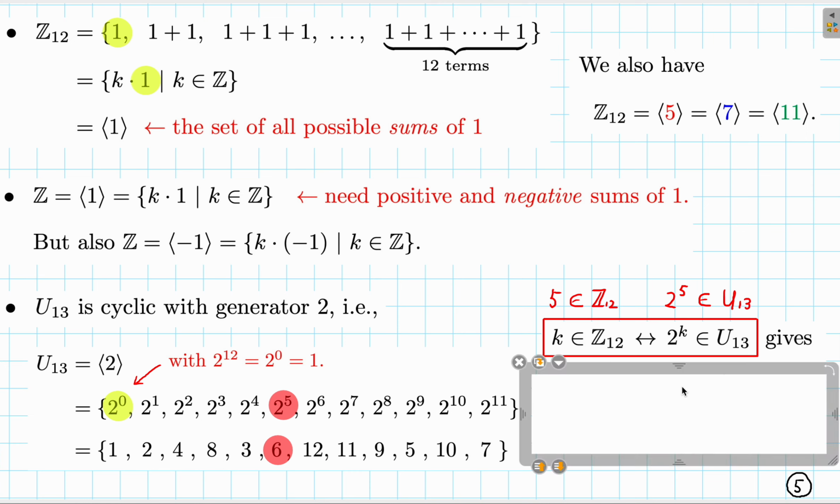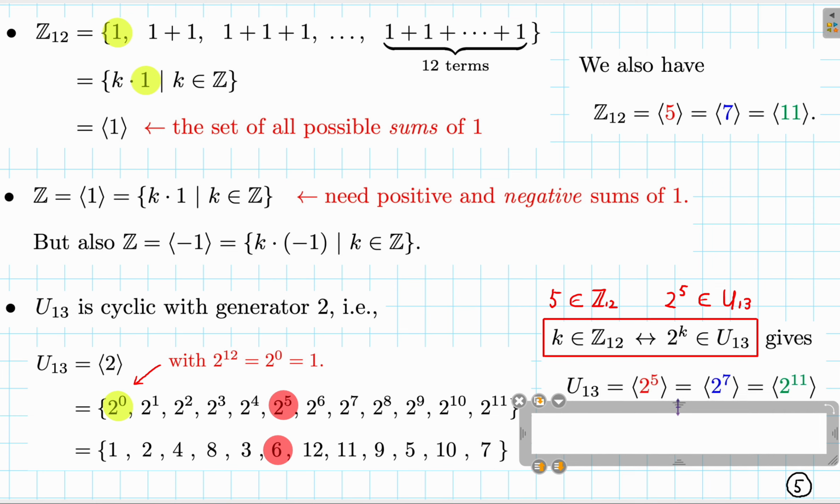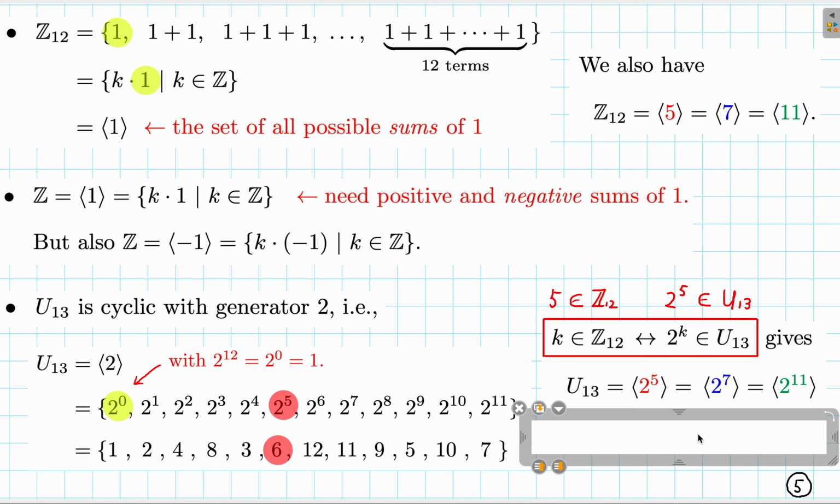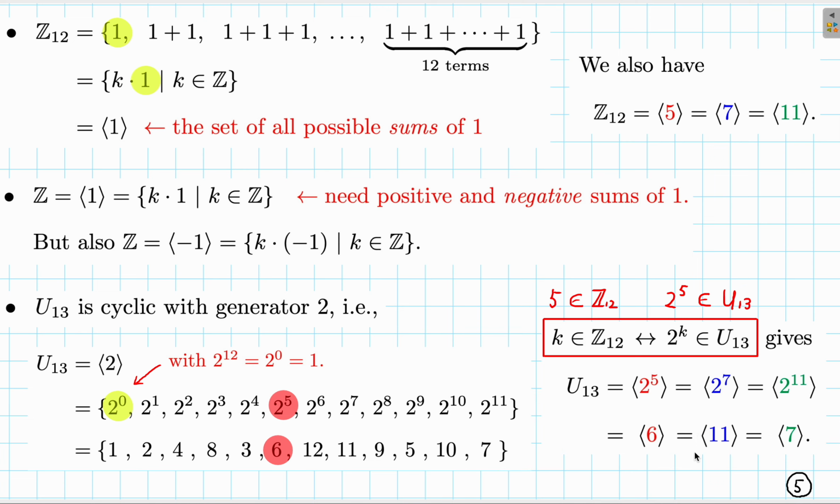And that means U13 besides 2 to the 1 should have generators 2 to the 5th, 2 to the 7th, 2 to the 11th. Once again, using our correspondence. Now we can say that 2 to the 5th, 2 to the 7th, and 2 to the 11th are the same as 6, 11, and 7, but I personally prefer these powers of 2 because they really highlight the correspondence between Z12 and U13.